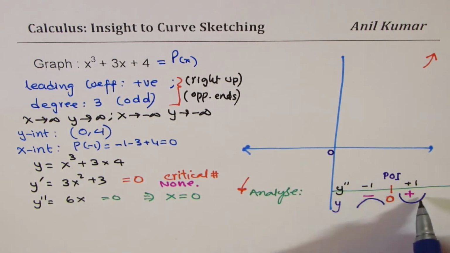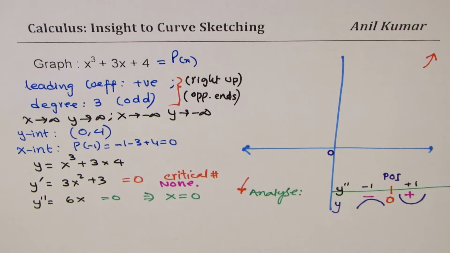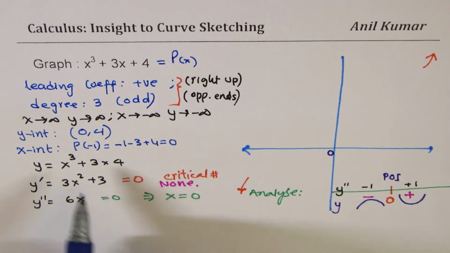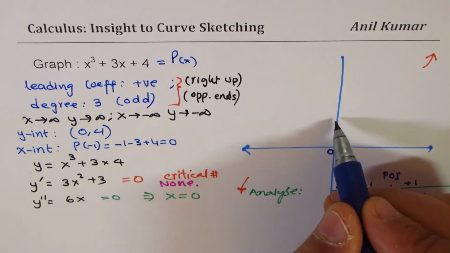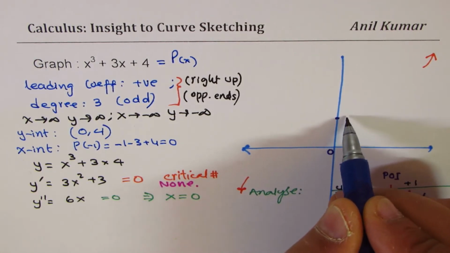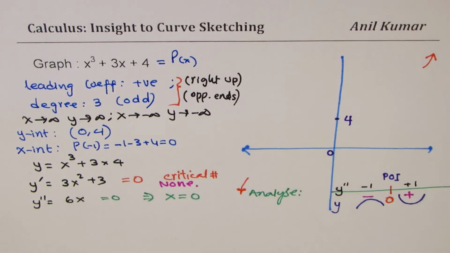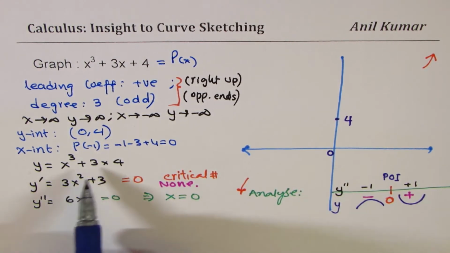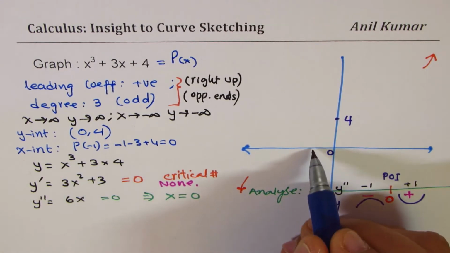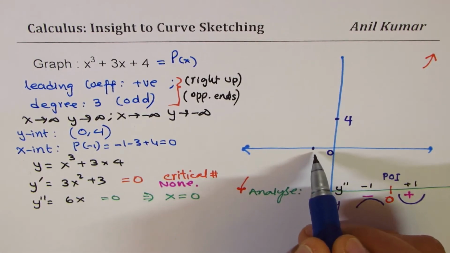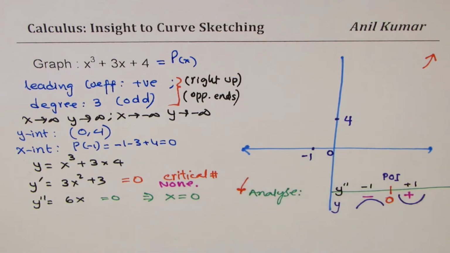Do you see that? The concavity changes. Correct? So what we can do here is, we already know at 0 the function is at 4, right? That is your y-intercept. Now based on this information, and what we already got is at minus 1, we have a 0, right?